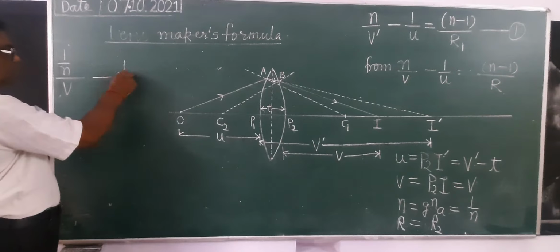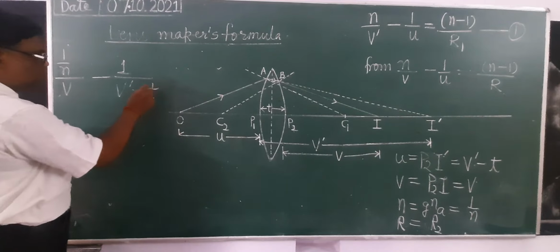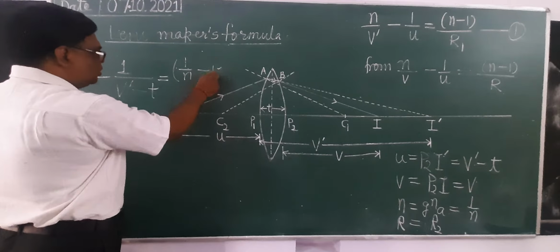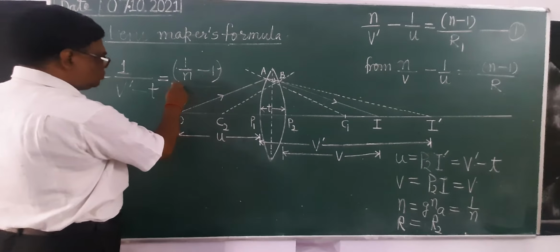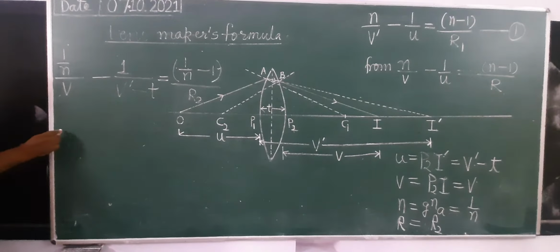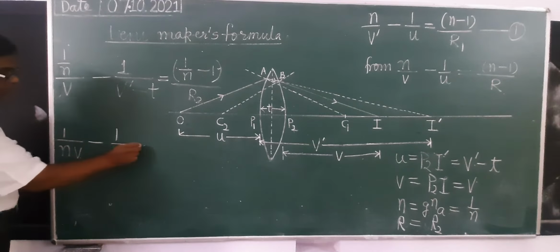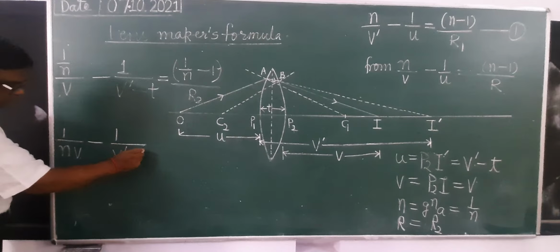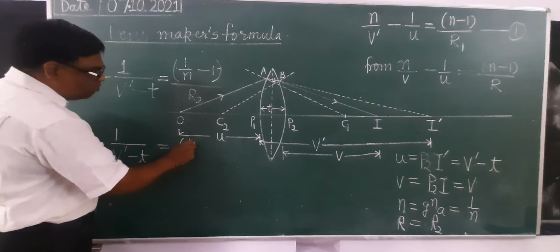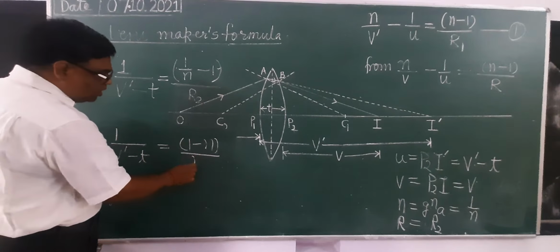That is 1 upon v dash minus v equals to 1 upon r2. Now you simplify, so 1 upon v dash minus v will be equal to 1 minus n upon n into r.